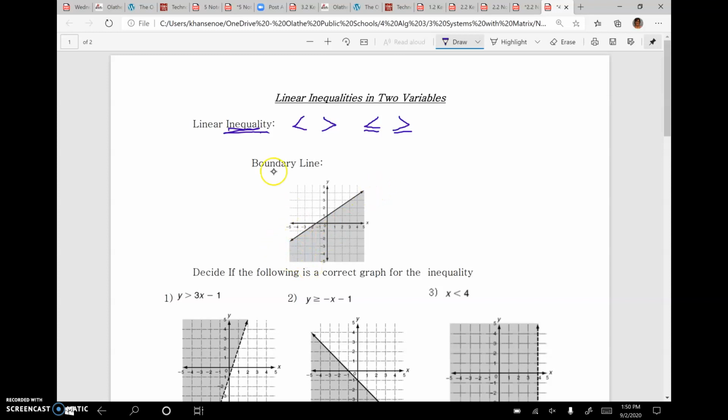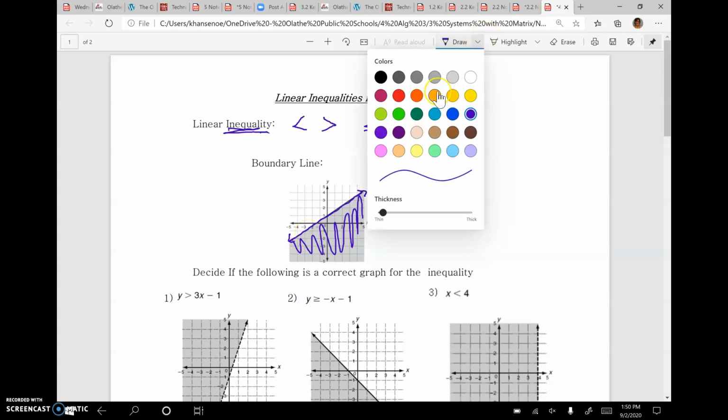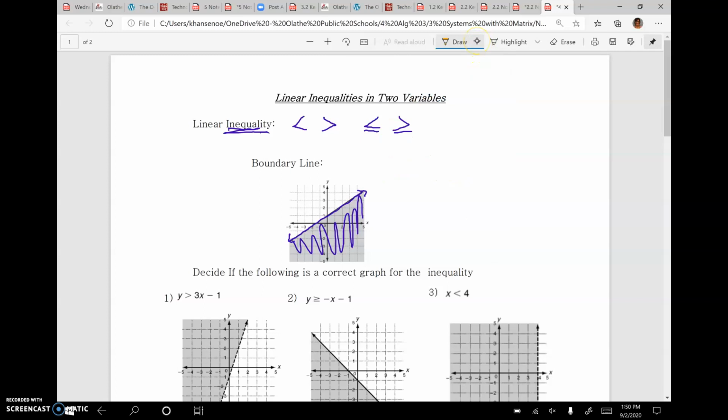So the boundary line means that this is where all your answers are. So it includes the boundary line because that is a solid line. When it's less than or equal to, greater than or equal to, it's a solid line.